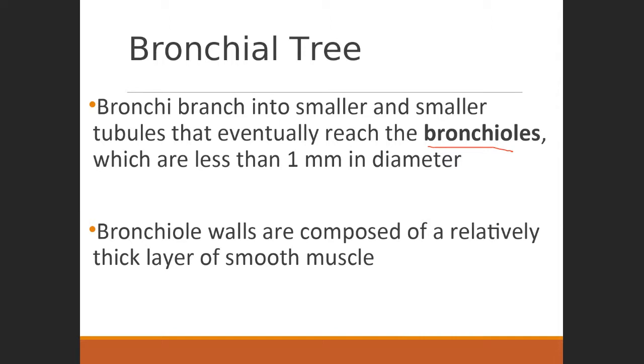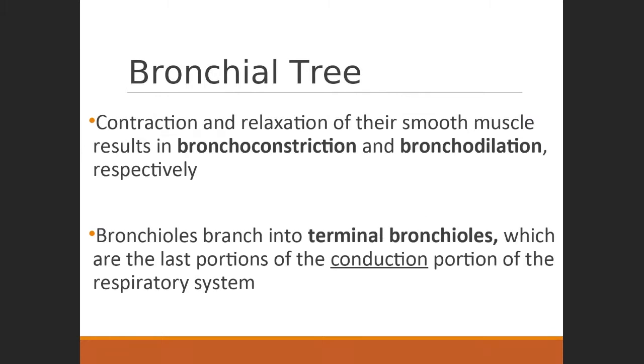The last thing you're going to want is resistance of air as it moves into and out of the lungs. So we increase the diameter of these bronchioles so air will flow into and out of the lungs just a little bit easier. Rather than vasoconstriction and vasodilation, now that we use those terms with vascular and cardio, these are bronchioconstriction and bronchiodilation.